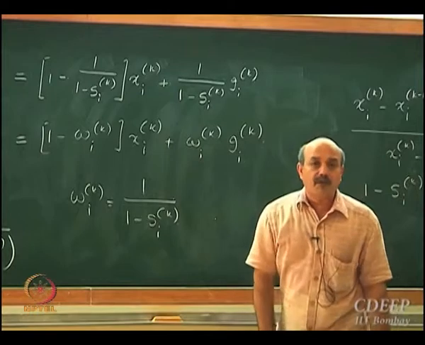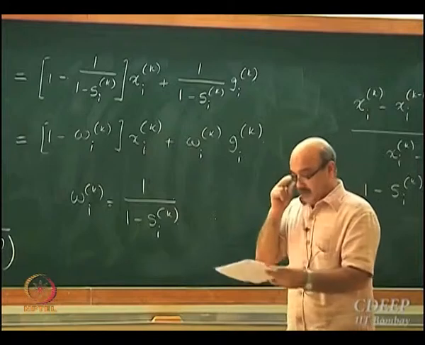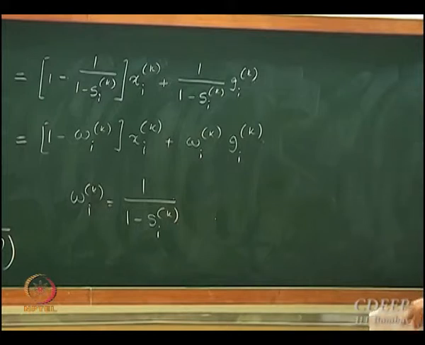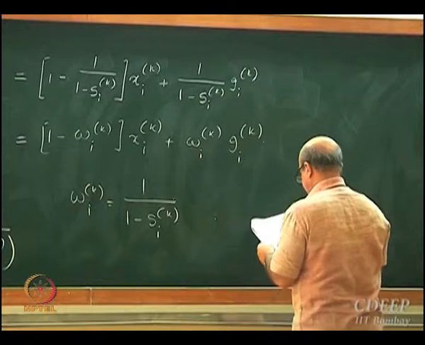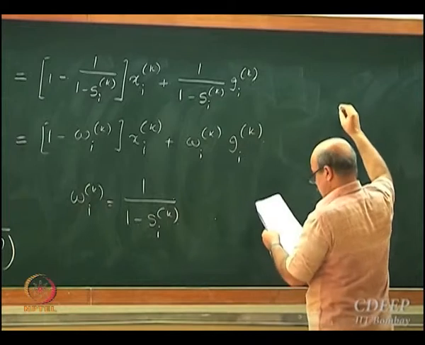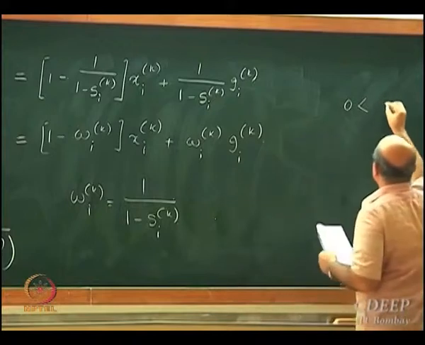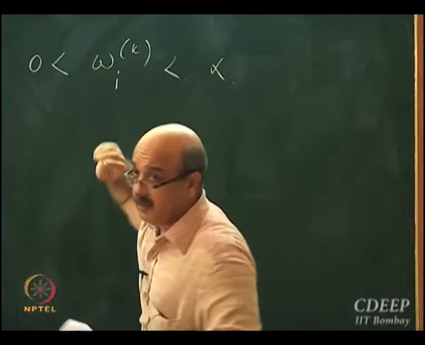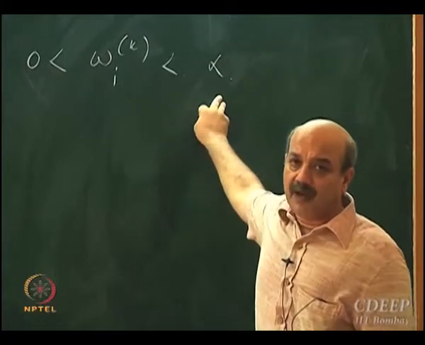Okay, and now what we are going to do, this is some kind of a thumb rule to make your computations robust, typically we try to restrict omega between 0 and some alpha.